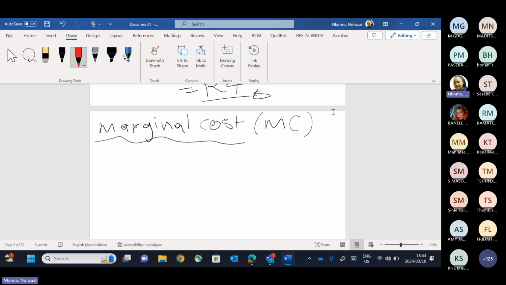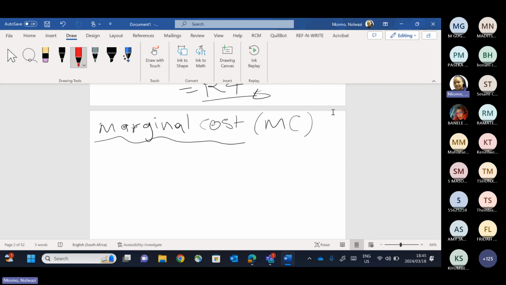Marginal cost is one component needed to analyze whether it makes sense for the company to accept this special offer or not. We are told that the company sells each phone for 5,000 rand, and they have the capacity to manufacture more phones. Then another company approached them and said they want to buy 100,000 phones, but at a price of 4,000 per phone.